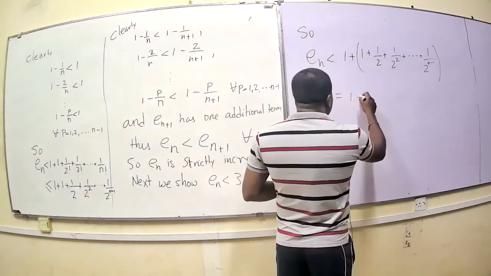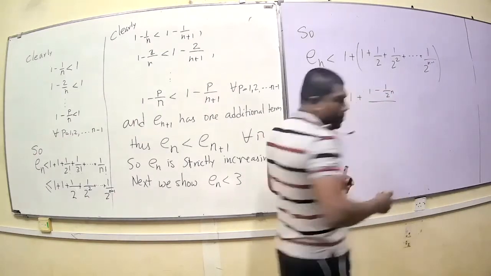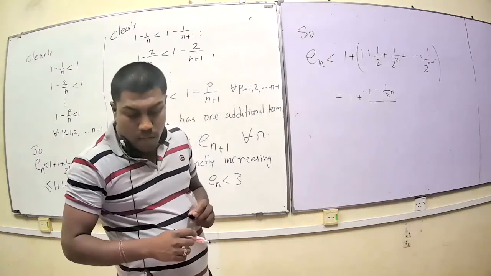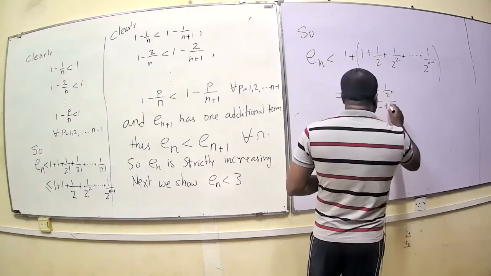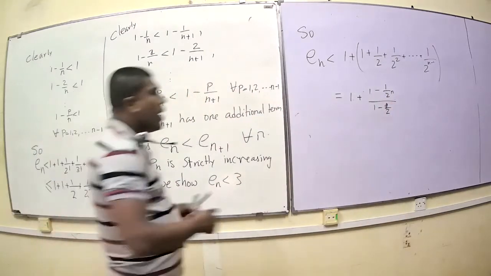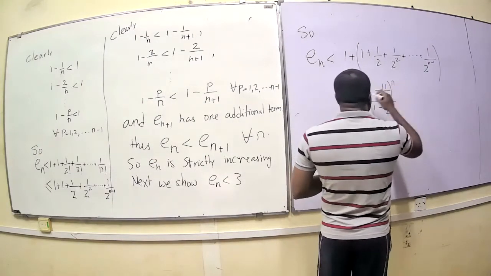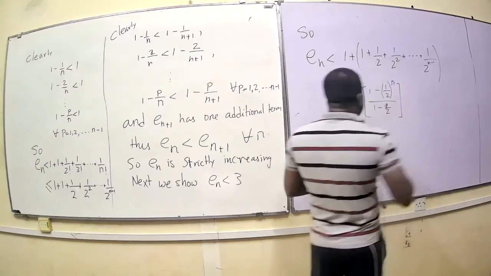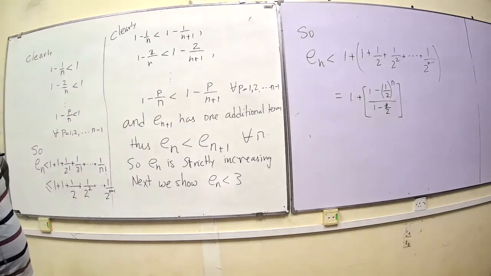So this is basically equal to 1 minus 1 over 2 to the power n over 1 minus 1 over 2. That is easy so that you understand the geometric series, right? So this is the sum of the geometric series, 1 minus 1 over 2 to the power n over 1 minus half.